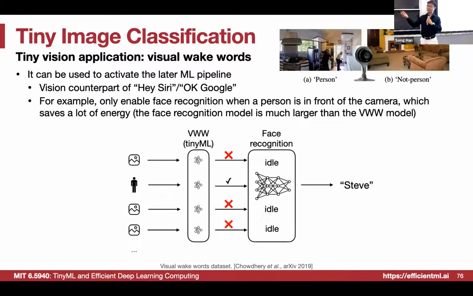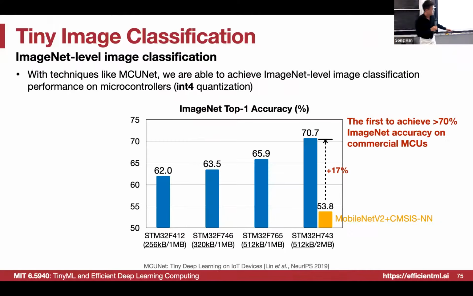There's a light on it. When it's green, it's showing the home is safe, at least it's not seeing any person, but it turns red as it sees a person. So I'll pass it around for you to take a look. This microcontroller is basically this one, the STM32H743, which has about 512 kilobytes of SRAM and 2 megabytes of Flash.